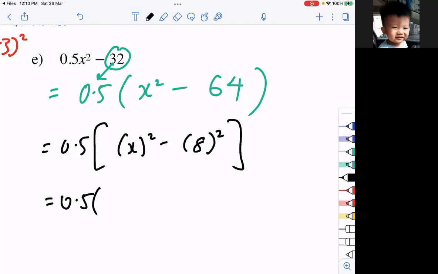So this is my A. This is my B. So the third formula tells me A square minus B square can be written as, just look at it and read it. Try to factorize this.